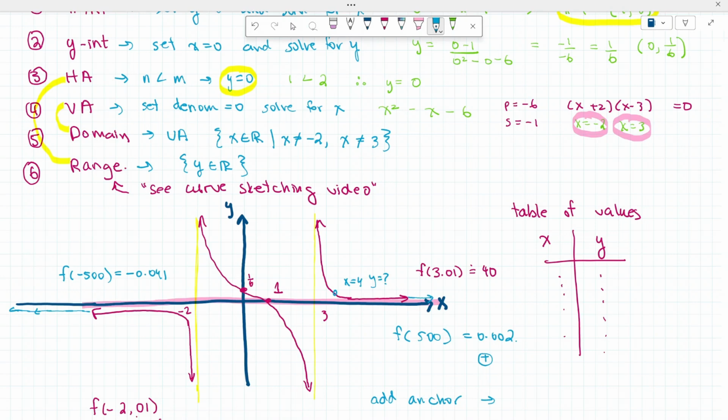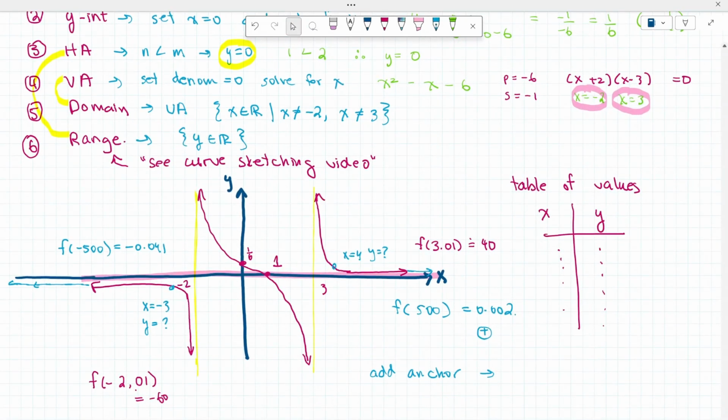Same thing here, you can try plugging in x equals negative 3 and see what your y is equal to, just so you have a few more anchored points on your plot, which gives a higher accuracy of your plot. And again, this is more of a sketch. This helps you understand key features of your function, such as domain and range, and also the end behavior and the behavior with respect to the asymptotes, and it gives you an overall shape of your function.